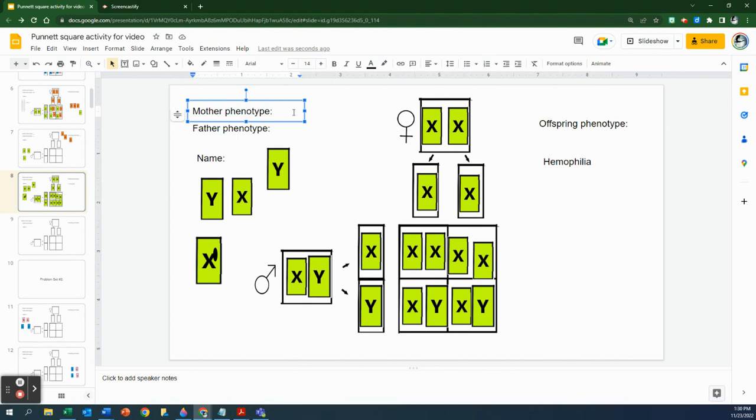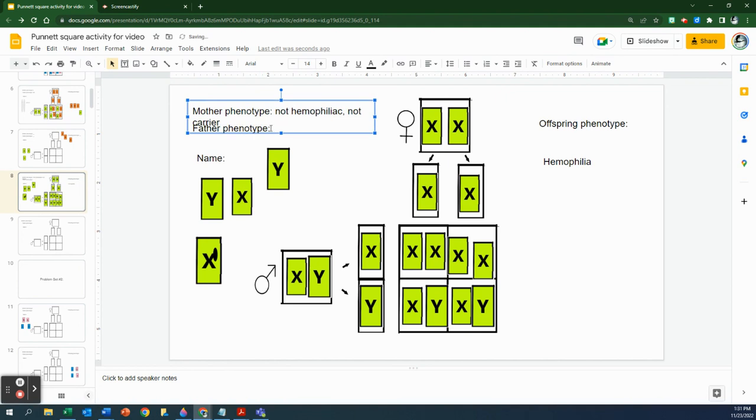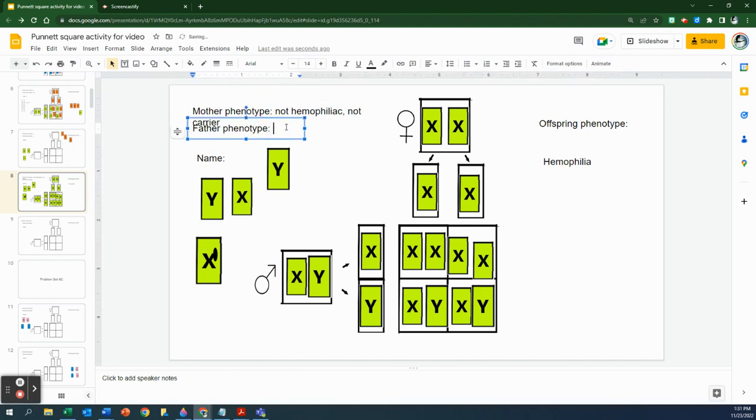So we're going to say mother is XX, and she is not a hemophiliac. So her phenotype is not hemophiliac and not a carrier. And let's say the father is a hemophiliac.